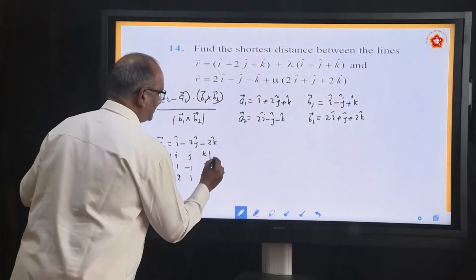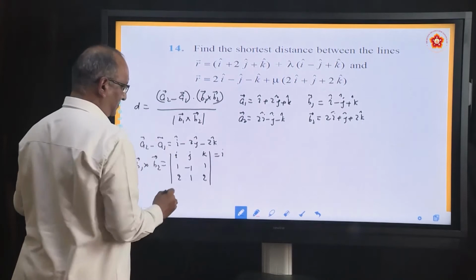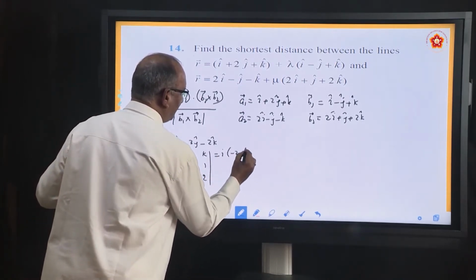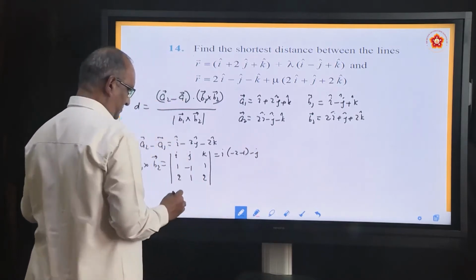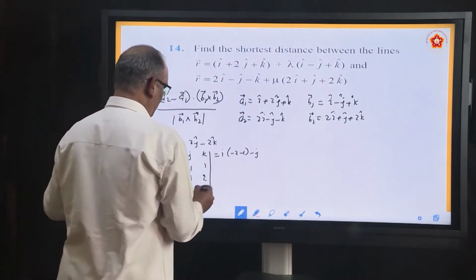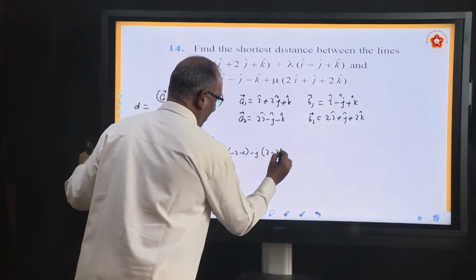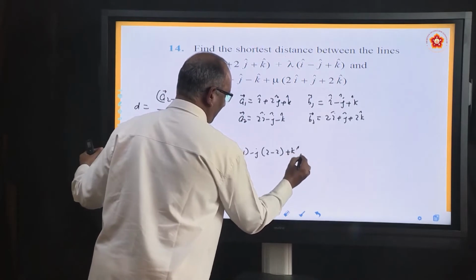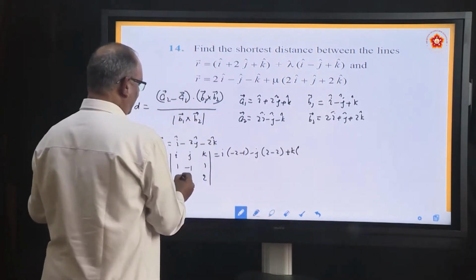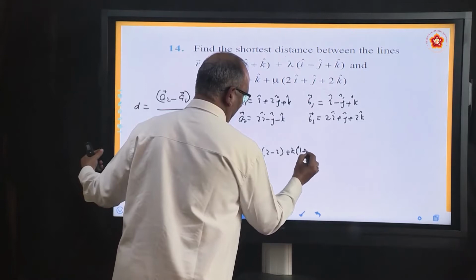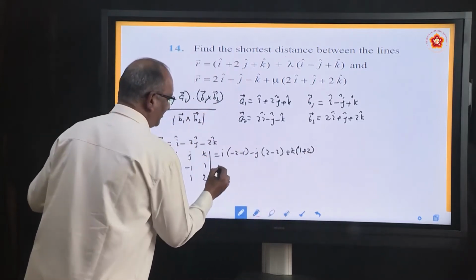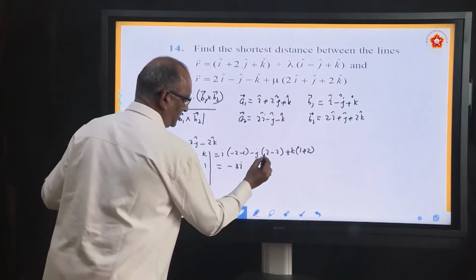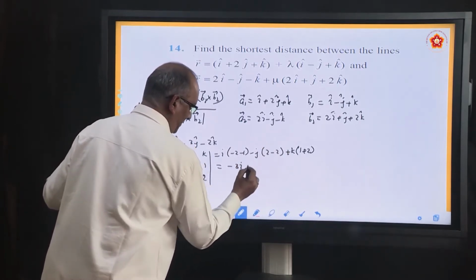So, how much is it? i into minus 2 minus 1, minus j into 2 minus 2, plus k into 1 plus 2. Simplify. Minus 2 minus 1 is minus 3i. This is 0, no need to write, plus 3k.